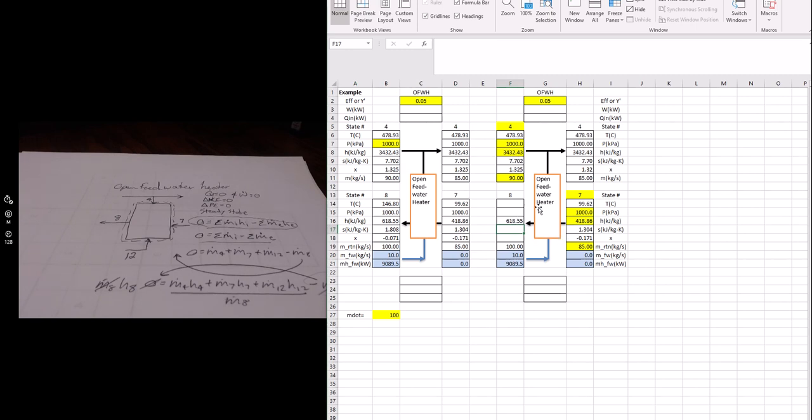All right, now I need some other property. Well, an open feed water heater, all the pressures are the same. So the pressure is known. So whatever pressure this is, it's the same, or I could get the pressure from up here. So I'll go ahead and grab it from here. And actually, I think I like this not being yellow.